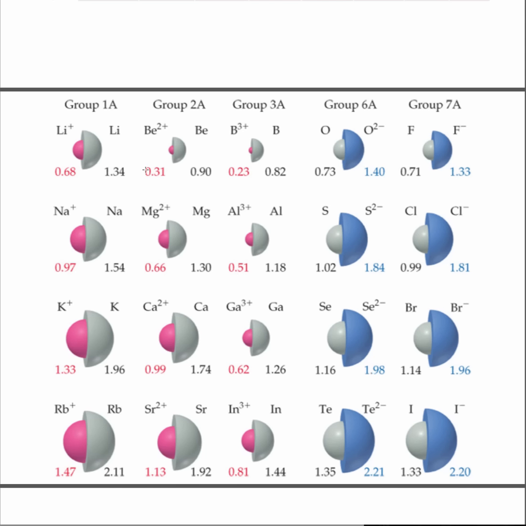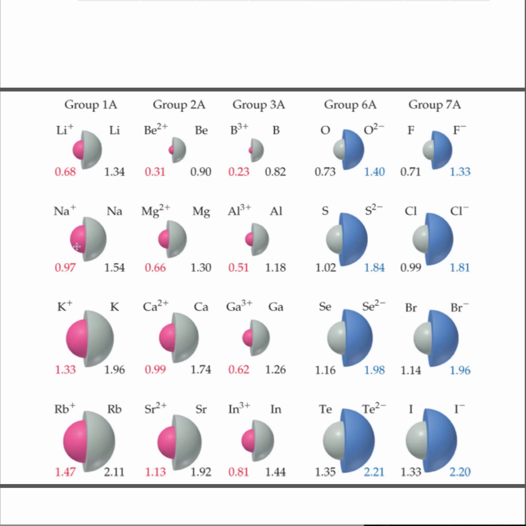So the trend is still the same. As I go from left to right with a particular group of positive ions, they get smaller because they get pulled into a smaller sphere by the increased number of protons in the nucleus. So the ions also get smaller as you go left to right, as long as you maintain the positive ion, and of course they get larger as you go top to bottom.